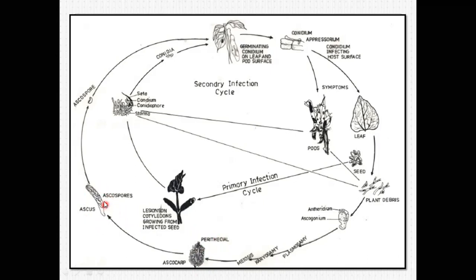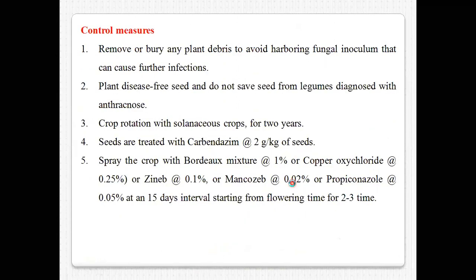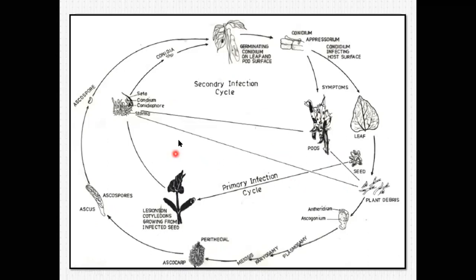These ascospores germinate and directly infect germinating seedlings as well as well-developed plants. Primary infection takes place through infected plant debris in the soil. Secondary infection comes from the blackish lesions seen on the pods, leaves or stem surface, where acervuli, the spore fruiting bodies, form and contain the conidia.